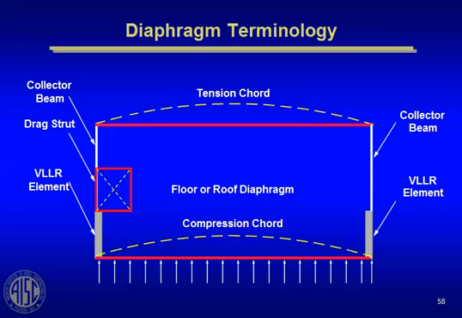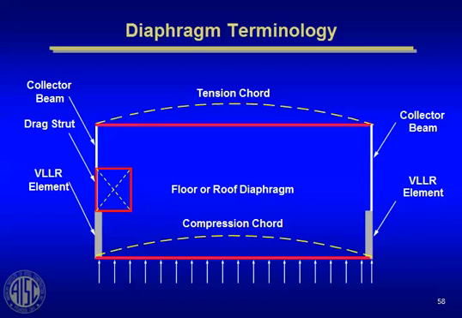There's this thing called the drag strut, being an element within the lateral load resisting frame itself, connecting one end of the system to the other that's receiving diaphragm shear. In diaphragm circles, that's called the drag strut.